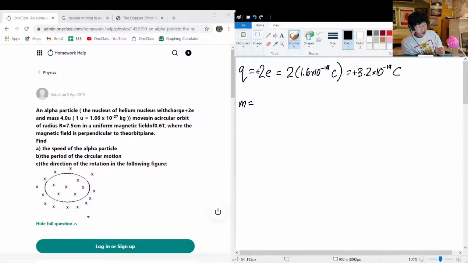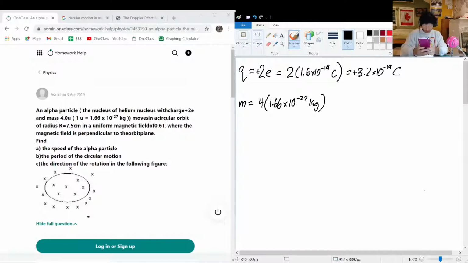If you go really deep, they're not, but they're pretty much the same. For most people, unless you're going really deep into nuclear physics, you can consider the mass of a proton and the mass of a neutron to be equal. Okay, so our mass is 4 times the mass of a proton, which is 1.66 multiplied by 10 to the negative 27 kilograms.